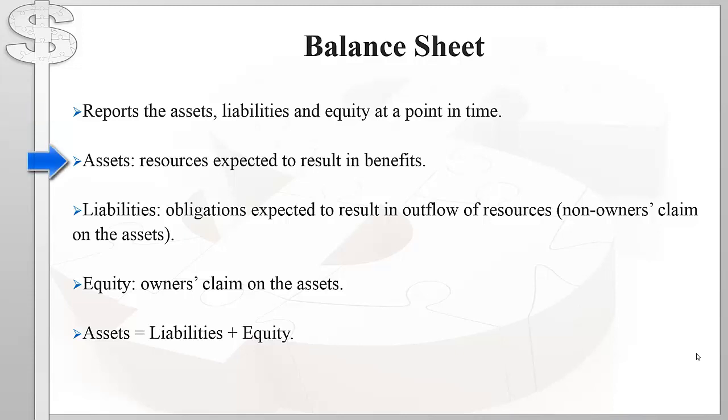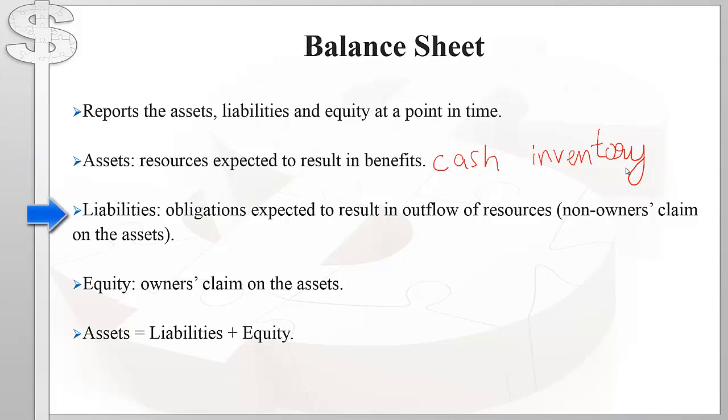Assets are all the resources controlled by the company that it expects to provide benefits in the future. The most obvious example would be cash. Another example would be inventory. These are the items the company expects to sell to generate revenue in the future. The balance sheet also provides information on liabilities.